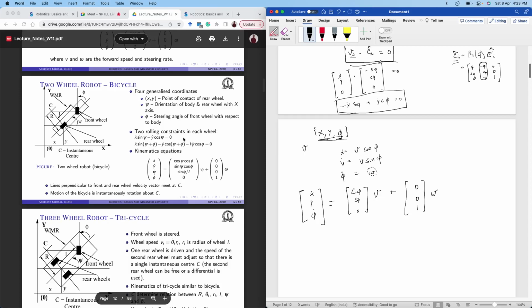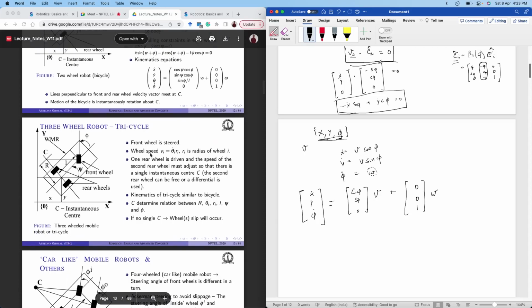Okay, so now in this particular case, the overall orientation can be changed through phi. Okay, but as is reflected in the equations also, psi dot now depends on phi. But now this steering angle is provided by the user. So this is the control input to the system.